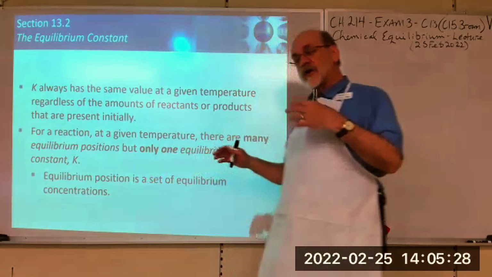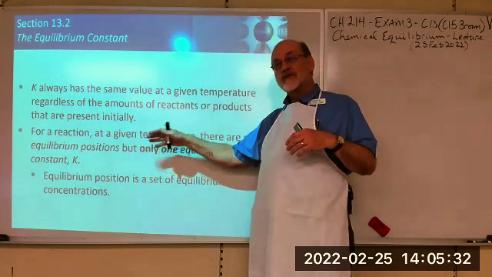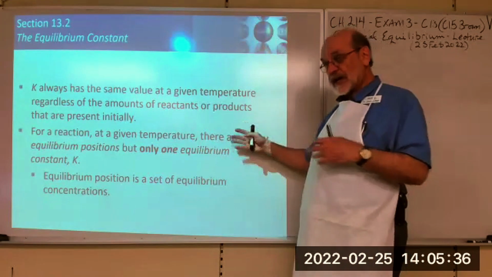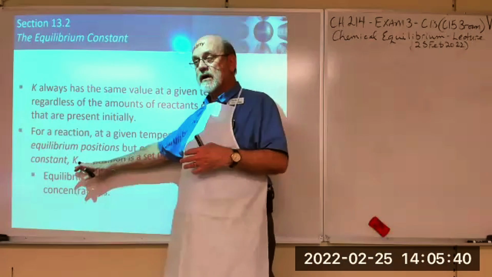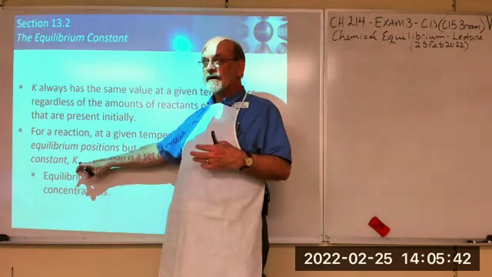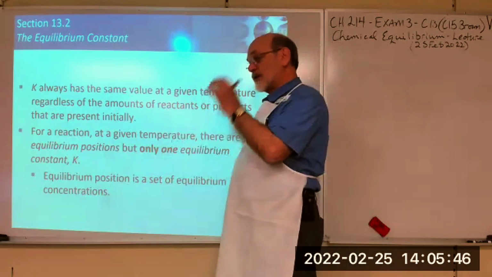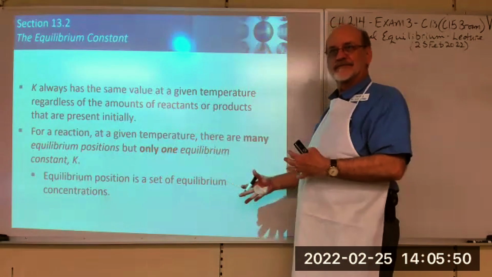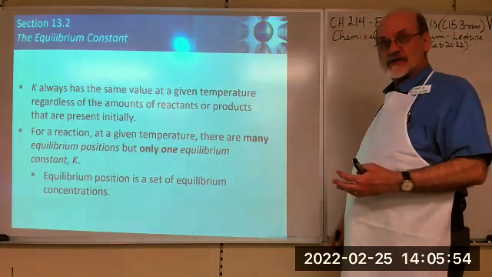In the earlier examples, if you add some reactant, it forces a shift to the other side, and that changes the concentrations of the products and also of the reactants. But when you do the calculation with those new concentrations, you come up with the same K, but at a different position, which refers to the concentrations.